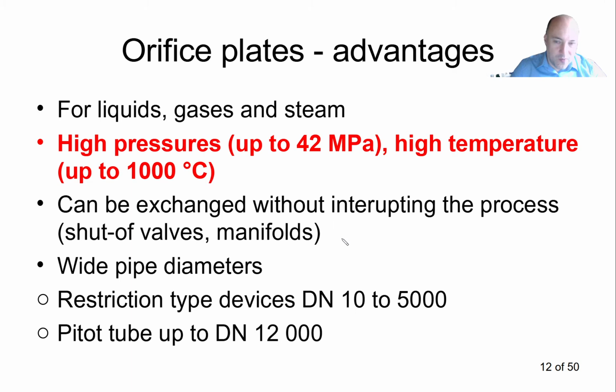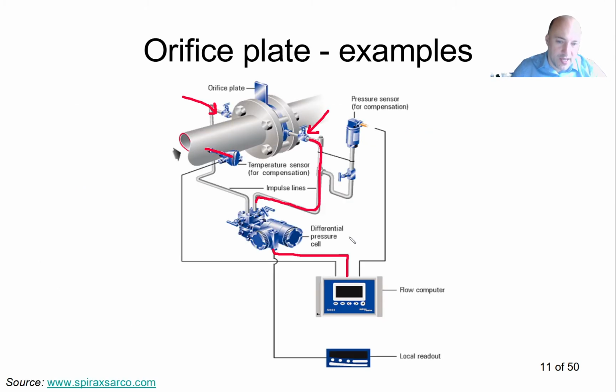Except when you need to change the orifice plate itself, you don't need to interrupt the process if you want to exchange, for example, the differential pressure gauge. As we have seen here, we have some valves that can be closed.